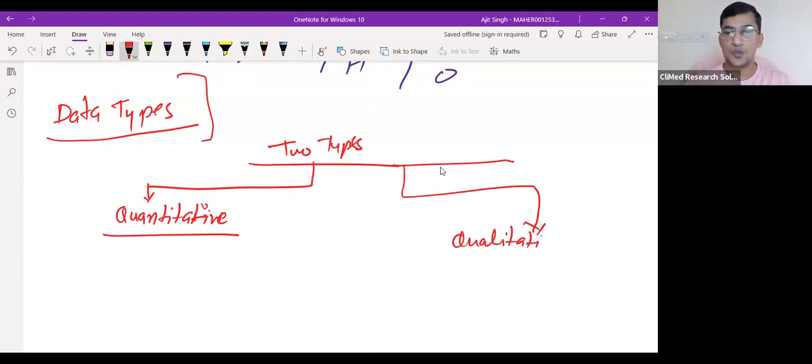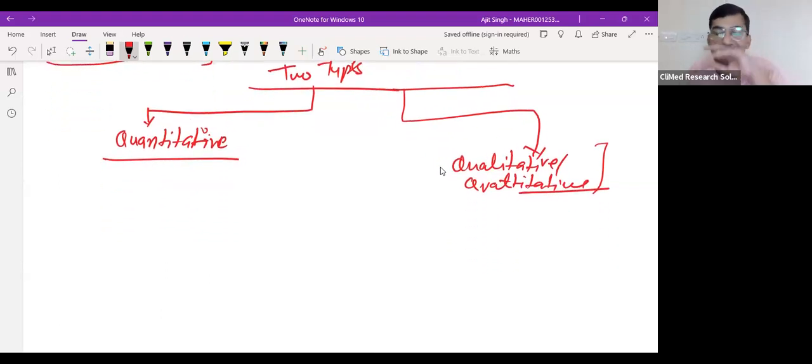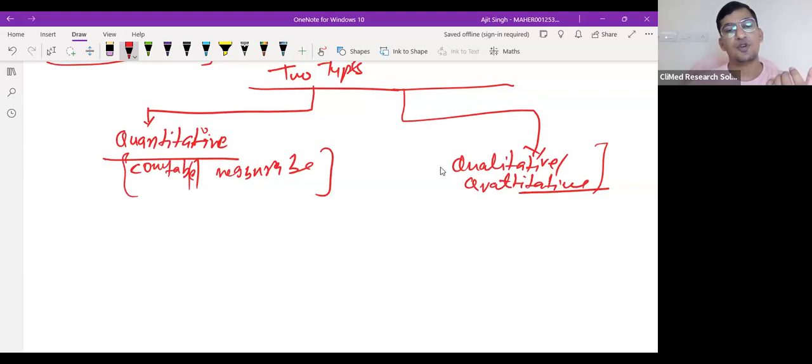Qualitative and quantitative. So what does quantitative mean? When I'm talking about quantitative, that means countable. We can count it, measure it. Okay, countable or measurable, right? When I'm talking about measurable, that means I'm talking about numbers.